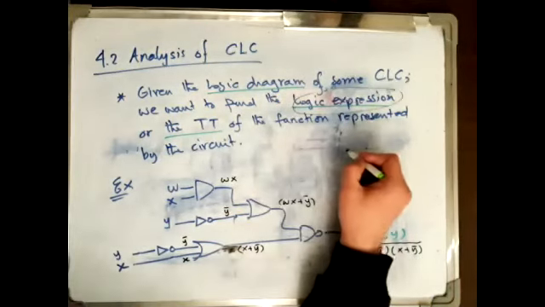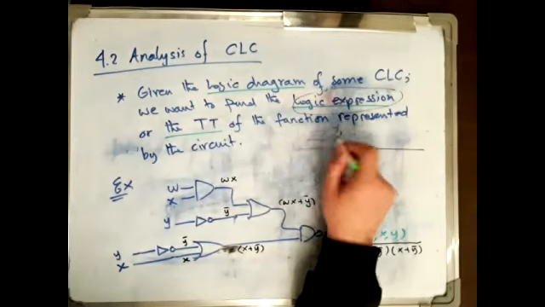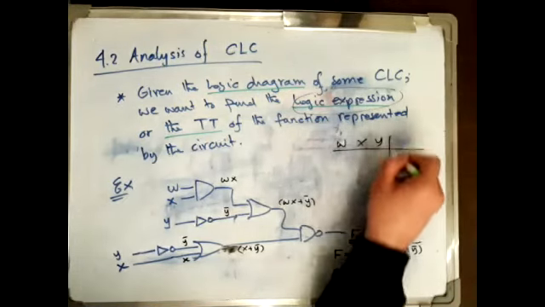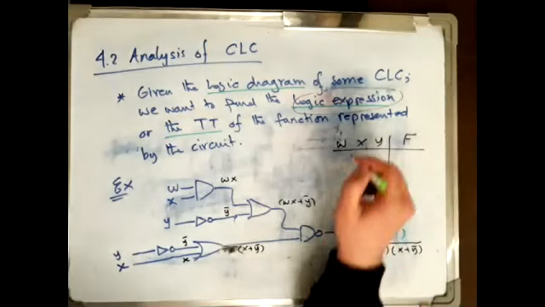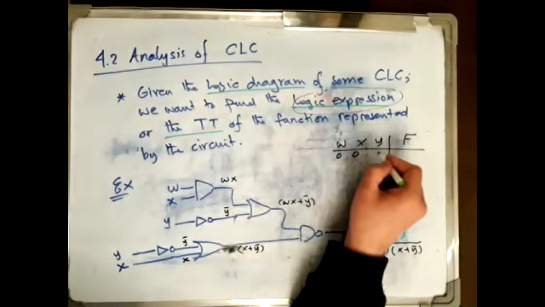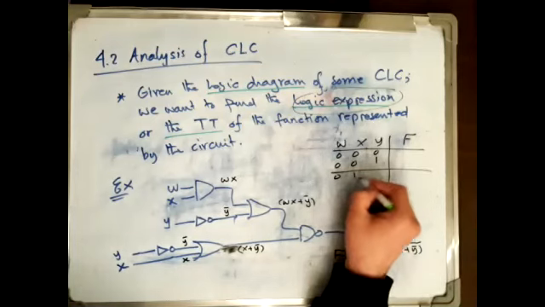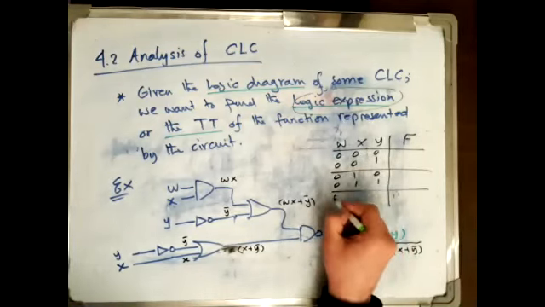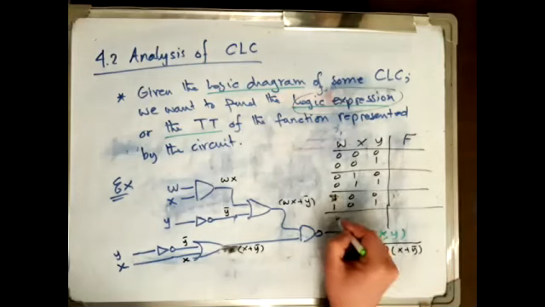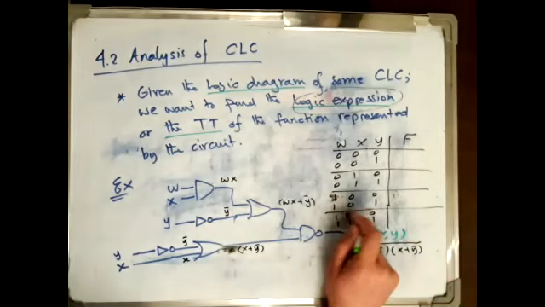Alternatively, we can find the truth table. We write W, X, Y, and we have here F. The truth table can be easily found, as we did in the tri-state buffer example, by putting all possible input combinations: 0, 0, 0, 0, 0, 1, 0, 1, 0, 0, 1, 1, and the last four combinations 1, 0, 0, 1, 0, 1, 1, 1, 0, 1, 1, 1.